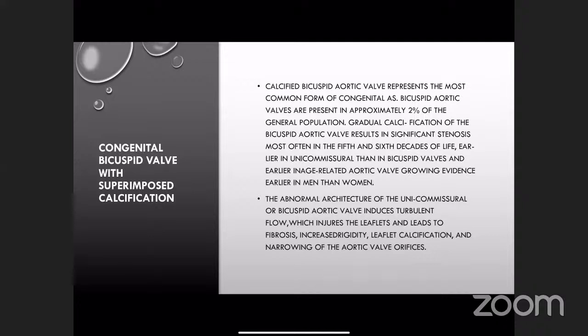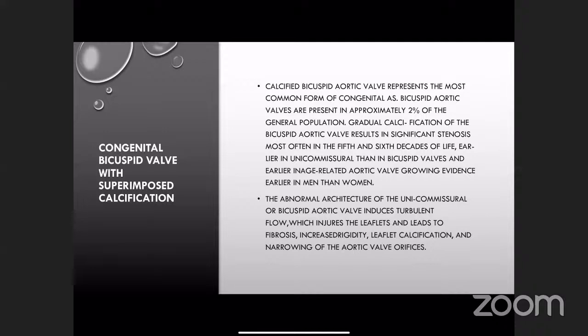Gradual calcification of the bicuspid aortic valve results in significant stenosis, most often in the 5th or 6th decade of life. It occurs earlier in unicommissural than in bicuspid valves, and earlier than in age-related aortic valve disease. It also occurs earlier in men than women.